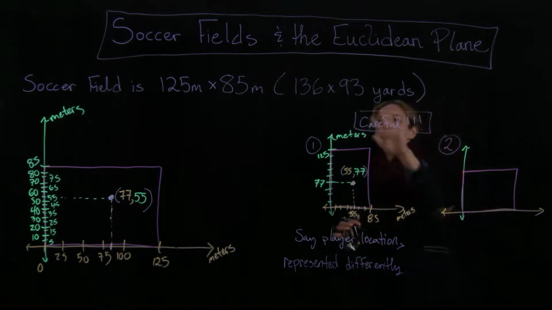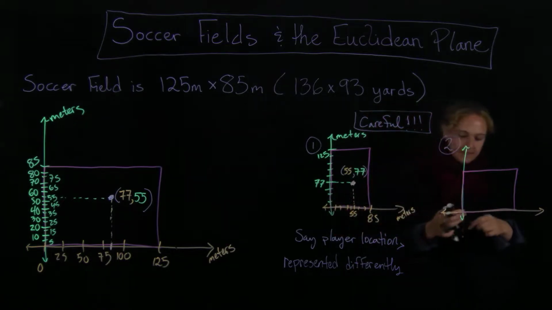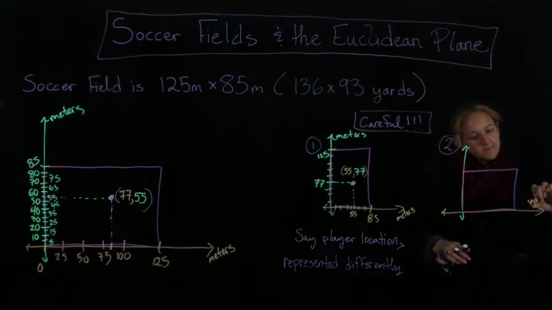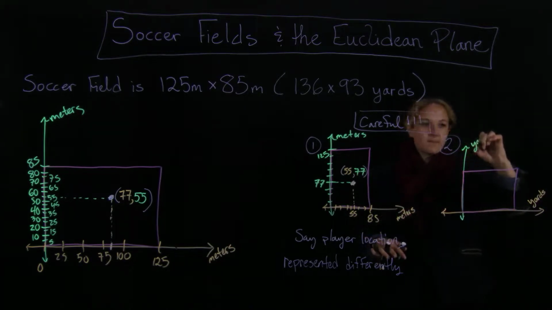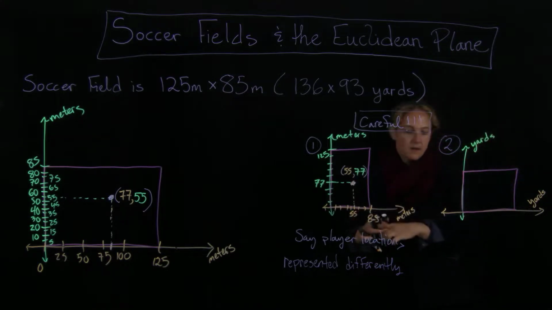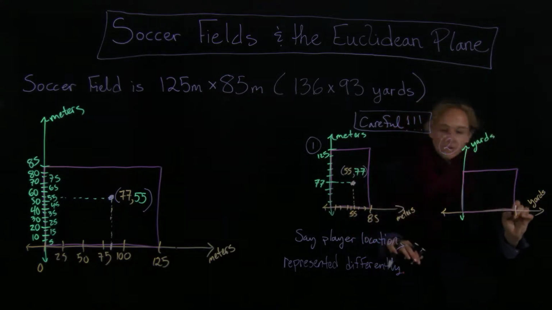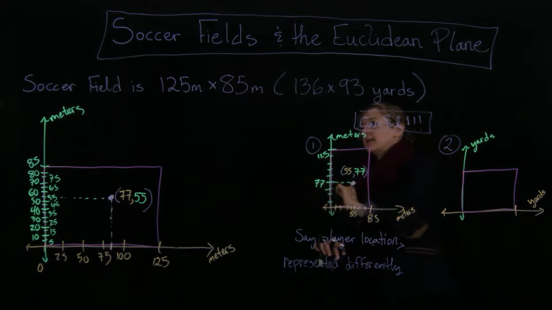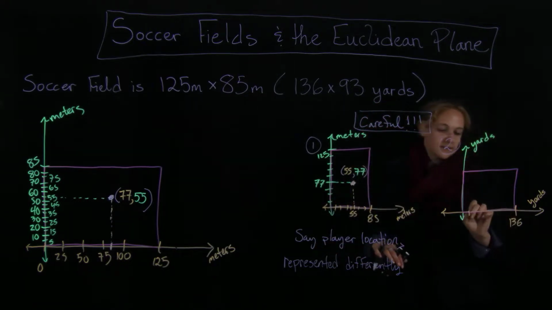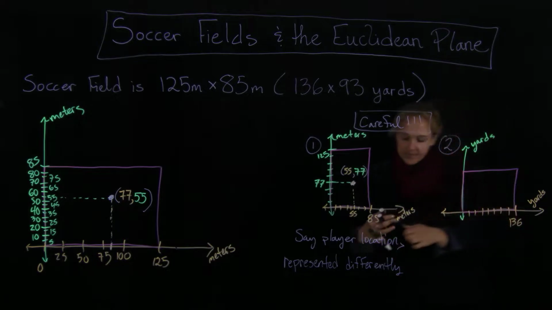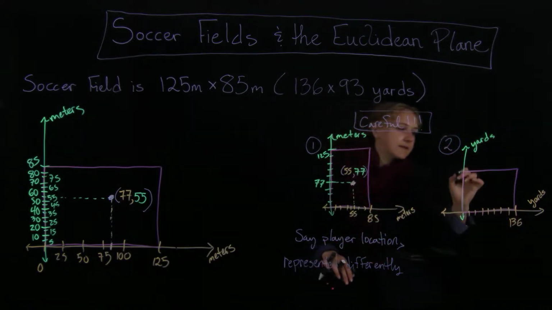But maybe instead I'm in yards. So maybe now I'm in yards this way or yards this way. Okay, so if this was the case, then instead of going to 125, I'm actually going to 136, right? And then again, I kind of want to put the numbers there to help me out orienting myself.